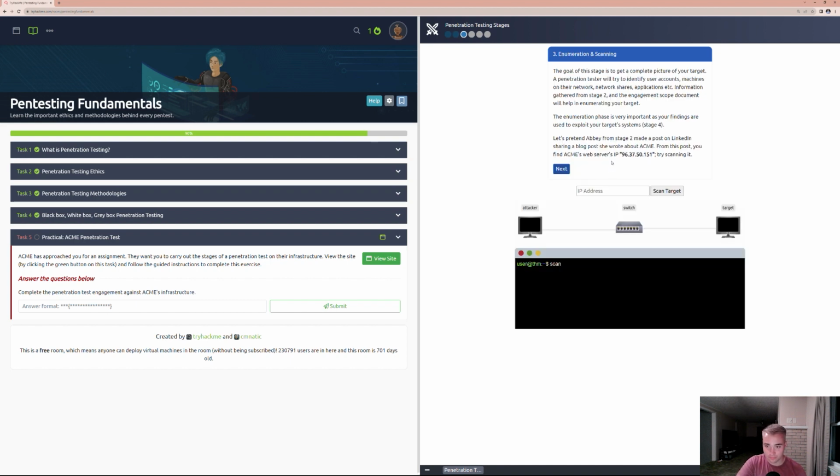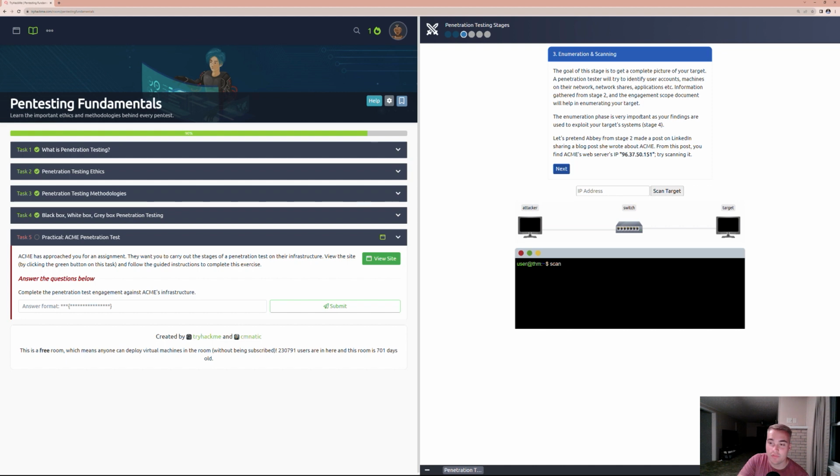So now the goal of this stage is to get a complete picture of your target. The penetration tester will try to identify user accounts, machines on their network, shares, applications, etc. Information gathered from stage 2 and the engagement scope document will help in enumerating your target.